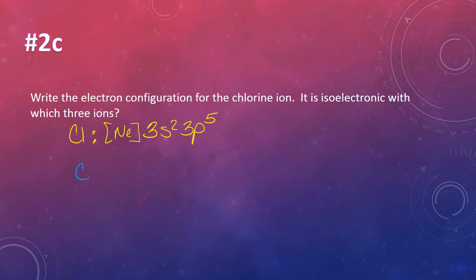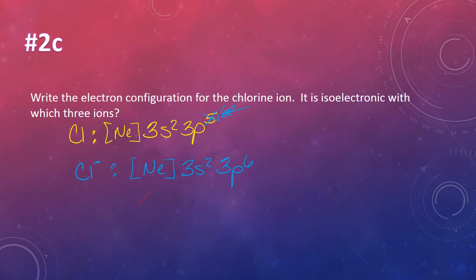Well, chlorine gains an electron. So we've got to add 1 to the 5. That becomes 6. So the chlorine ion's electron configuration is neon 3s2 3p6.